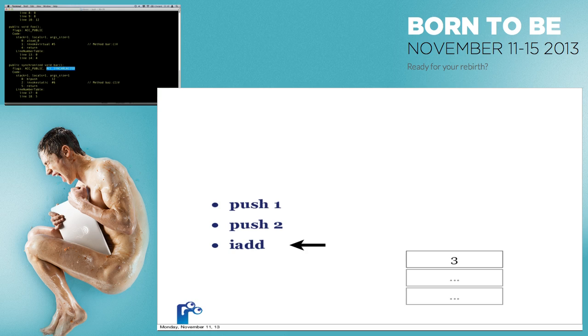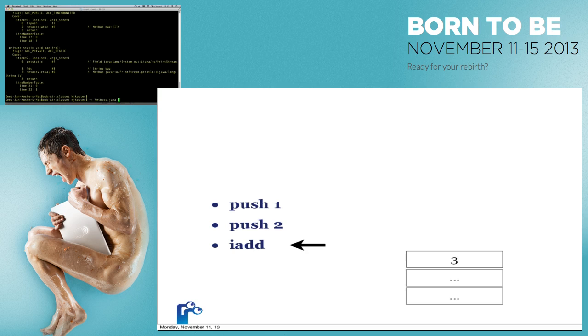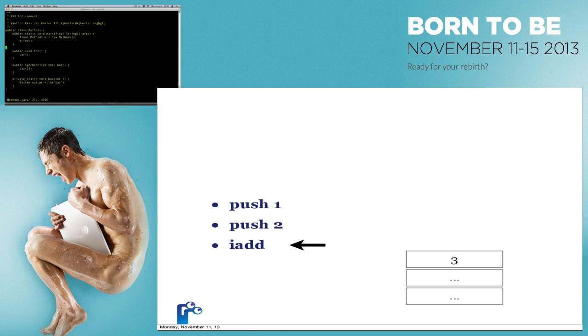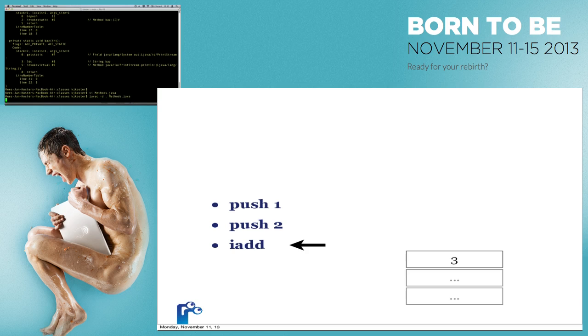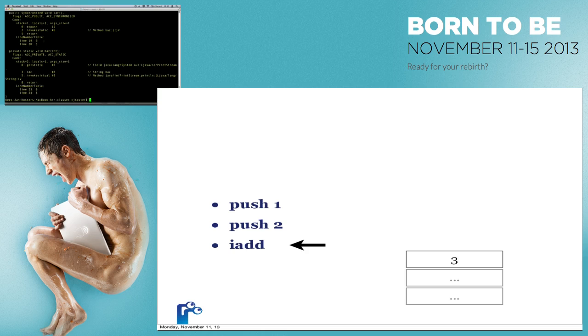There's a difference between a method that's synchronized and a synchronized block, an explicit one. I expected this to be the same as a synchronized method.